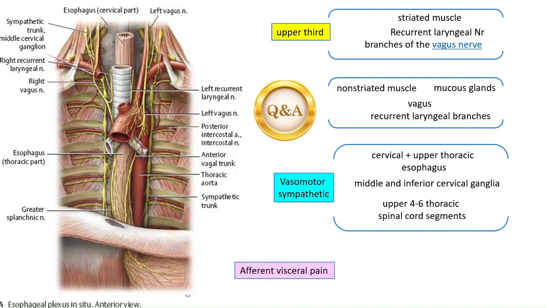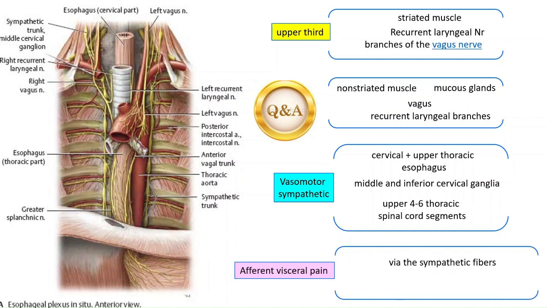Let's look at next. Afferent visceral pain. Pain coming from the esophagus, which is posterior to the heart. Pain is perceived via the sympathetic fibers, especially the first 4 segments of the thoracic part of the spine of the sympathetic trunk, and these 4 segments also bring pain from the heart.